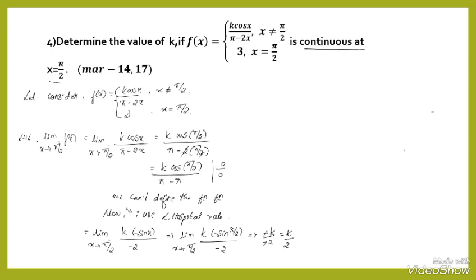Again, I will take the right hand limit. Limit x tends to pi by 2 plus of f of x, that is equal to limit x tends to pi by 2 plus, x is not equal to pi by 2. Similarly, that is k into cos.